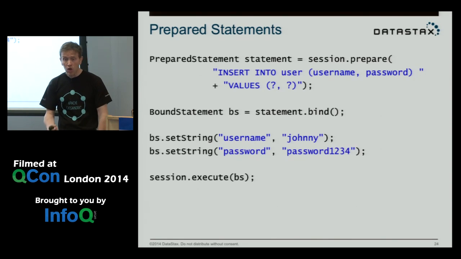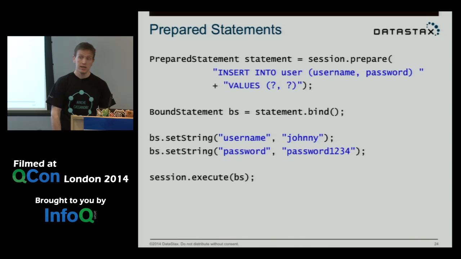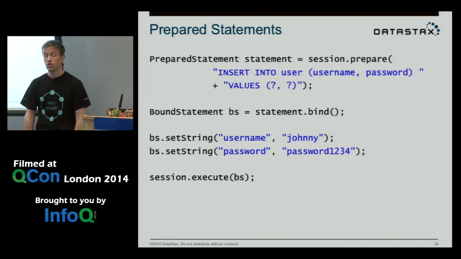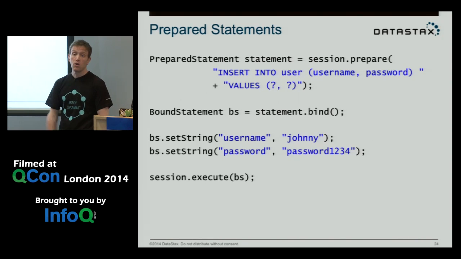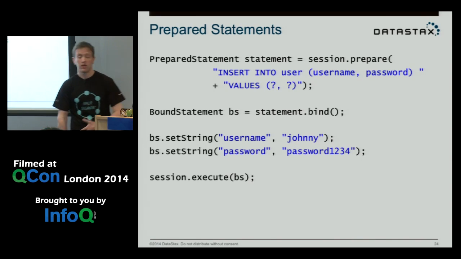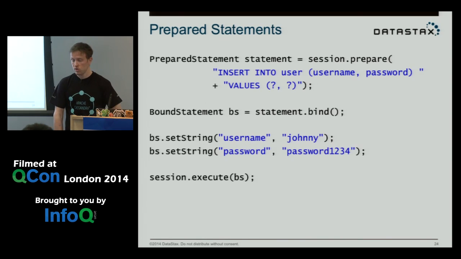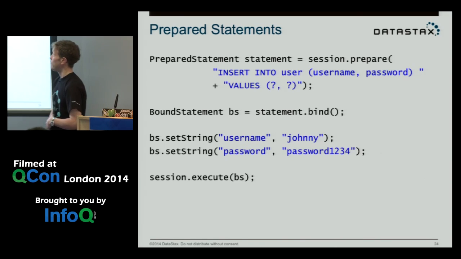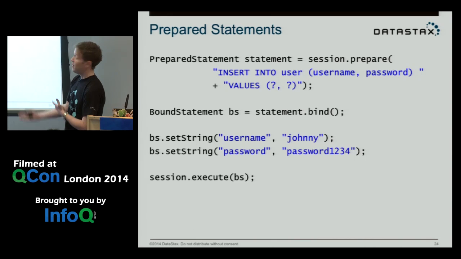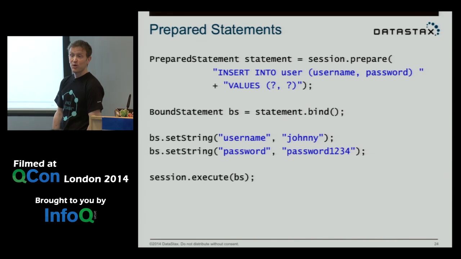The other thing you've got with the native protocol is prepared statements. This is just like prepared statements in your traditional JDBC world. These statements get compiled once, they're intended for multiple execution, and it's really straightforward to use. If anybody's ever written any Java code connecting to a database, you will understand exactly what's happening here.